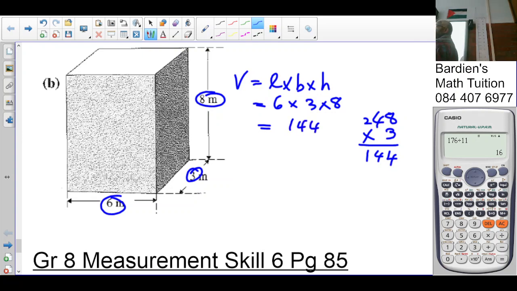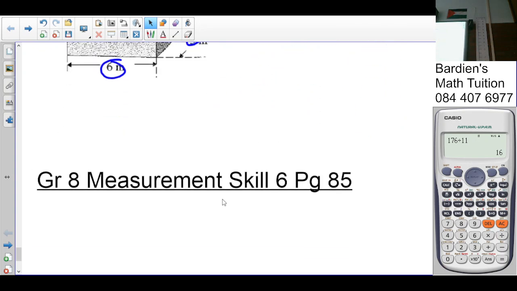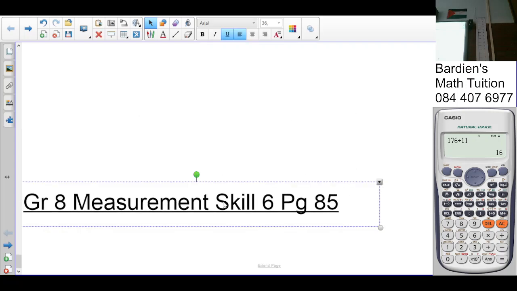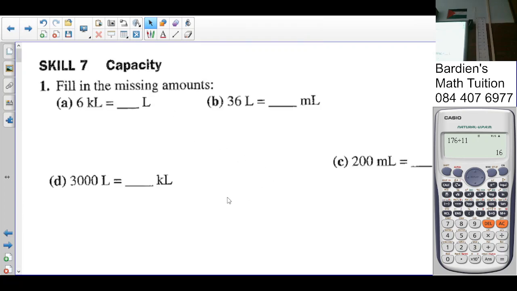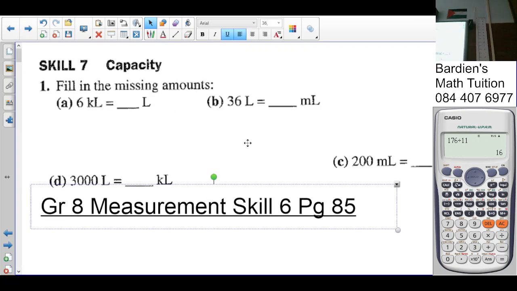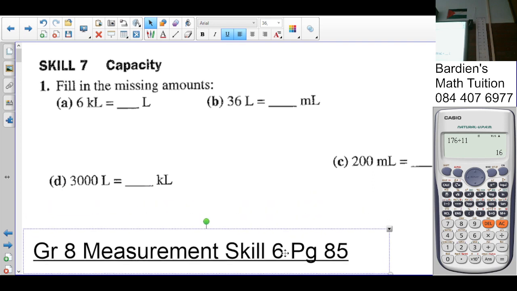Is that correct? Meters cubed. Okay, any confusion there? No? Okay, capacity.